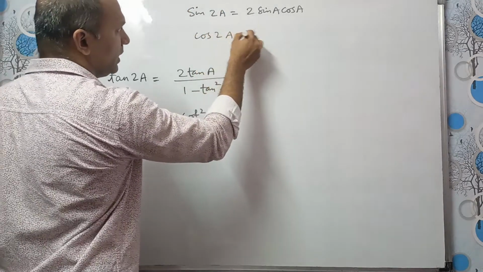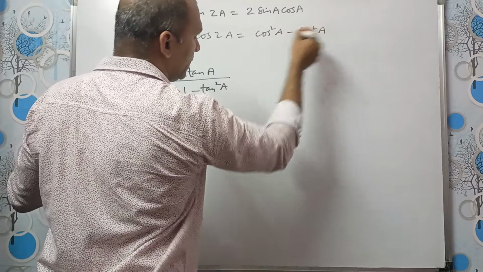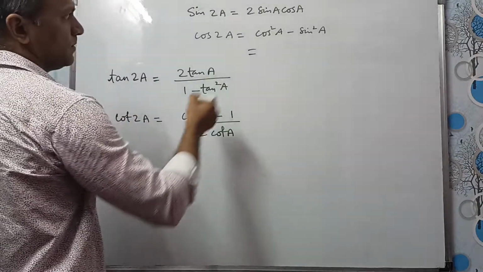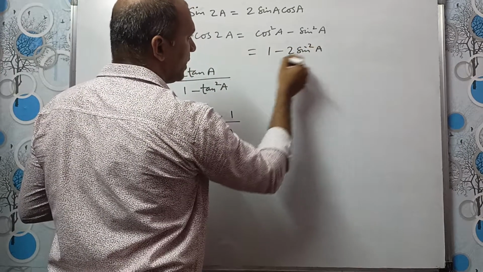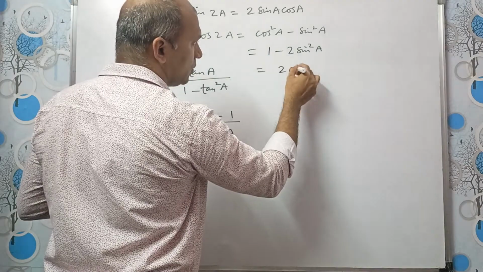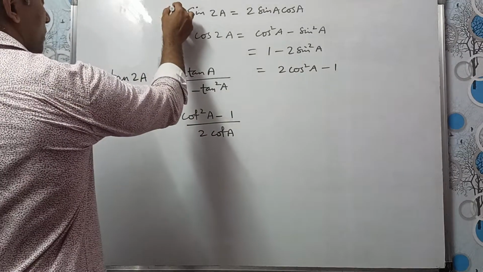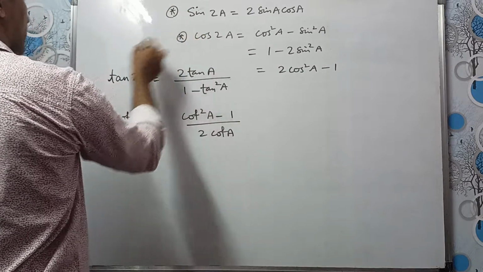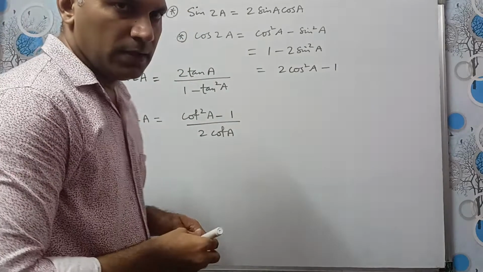And cos 2A is equal to cos square A minus sin square A, or 1 minus 2 sin square A, or 2 cos square A minus 1. Right. So this is the first formula, second formula, third, and this is the fourth formula, right?